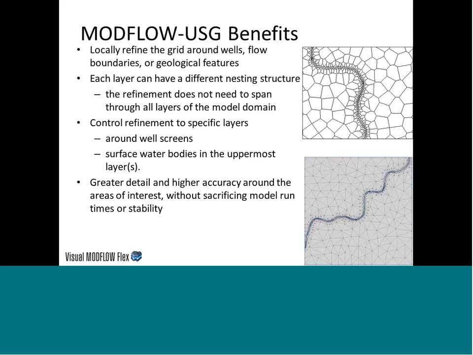So for example, you can control the refinement to specific layers around well screens, or refine around your surface water body features in the uppermost layers, and then gradually coarsen the grid as you work your way down. The overall benefit is that you can have a greater amount of detail and higher accuracy around the area of interest without sacrificing the model runtimes or the model stability.